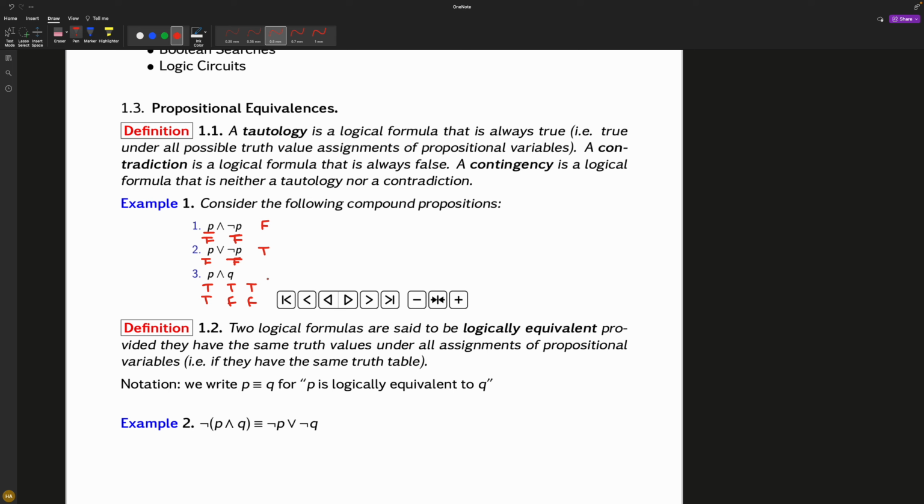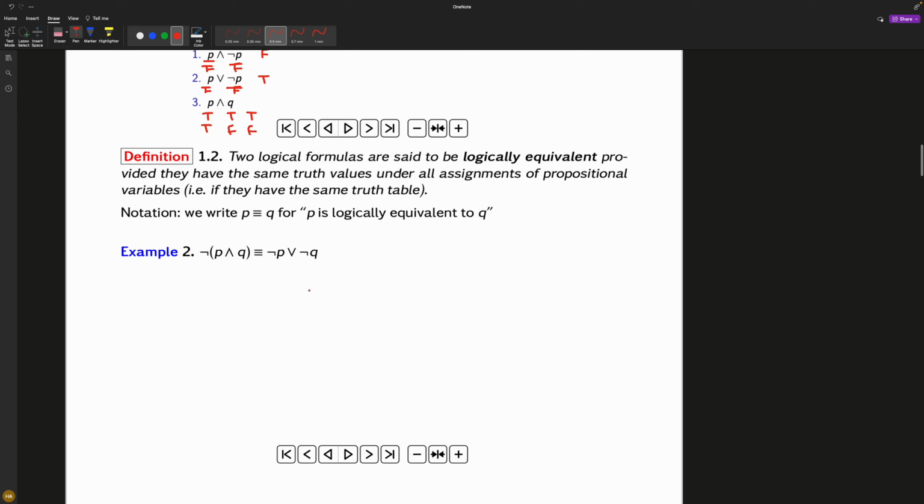Two logical formulas are said to be logically equivalent provided they have the same truth values under all assignments.